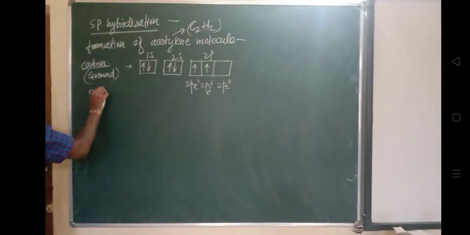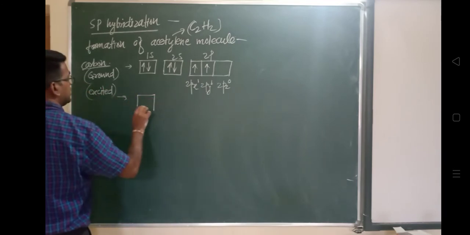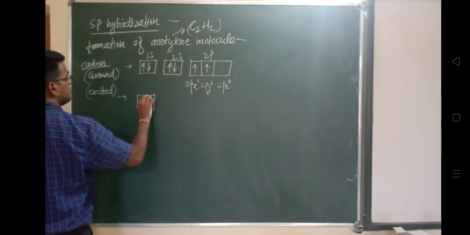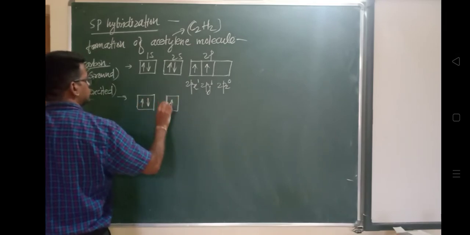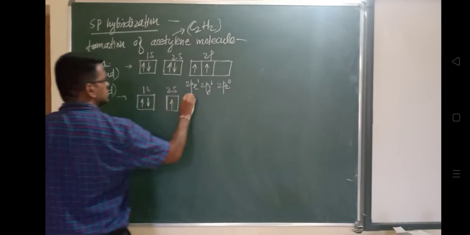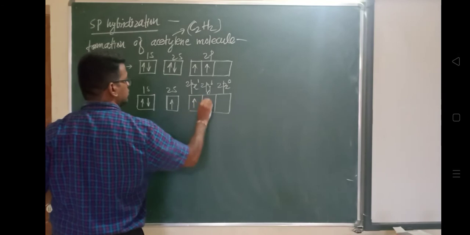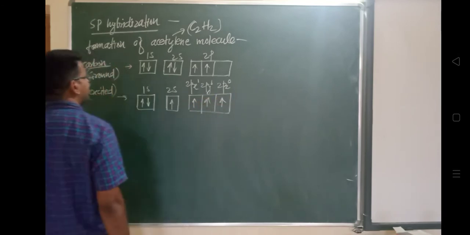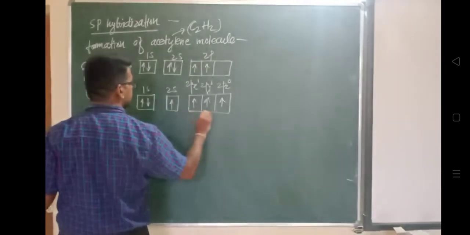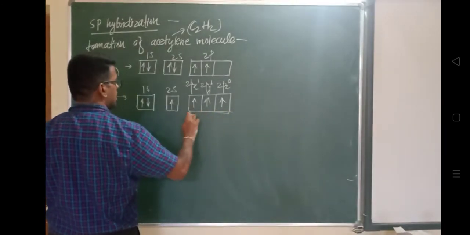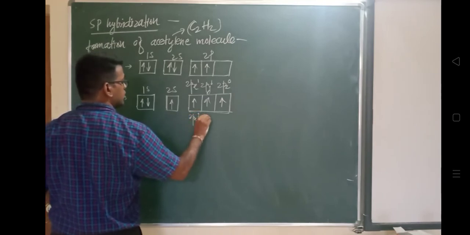These two will remain unhybridized, and they will align perpendicular to each other. This is a pure p orbital. So in sp hybridization, we are talking about the acetylene molecule, C2H2, where carbon is acting as the central atom and it is getting into the excited state.